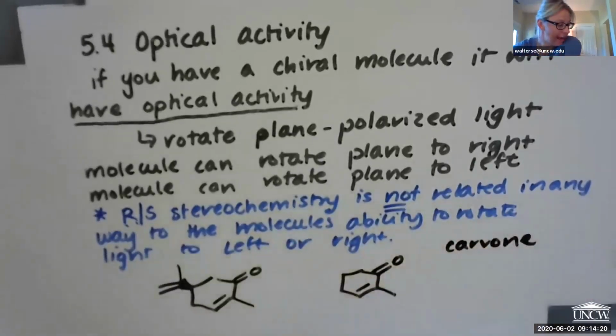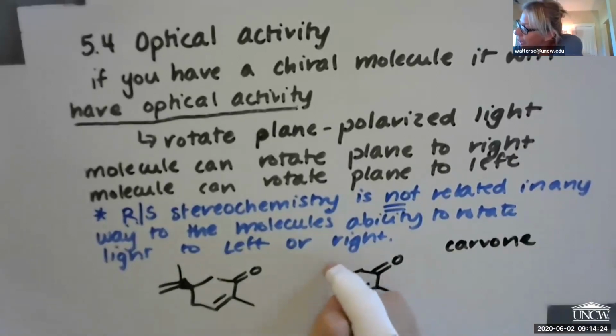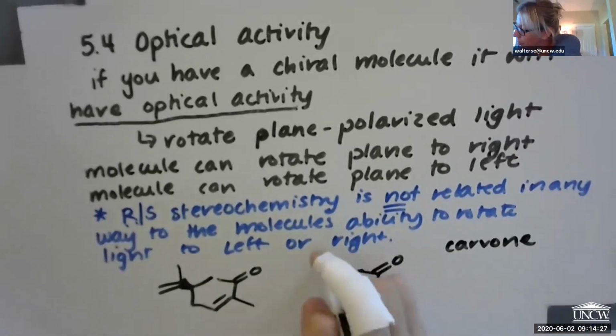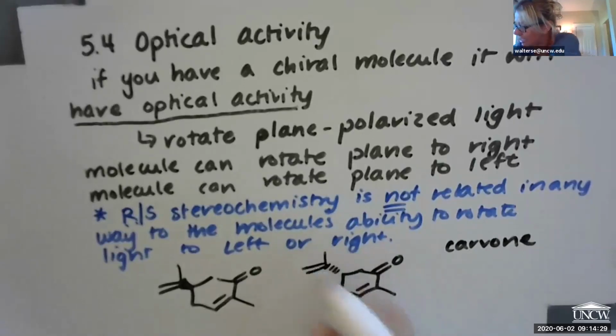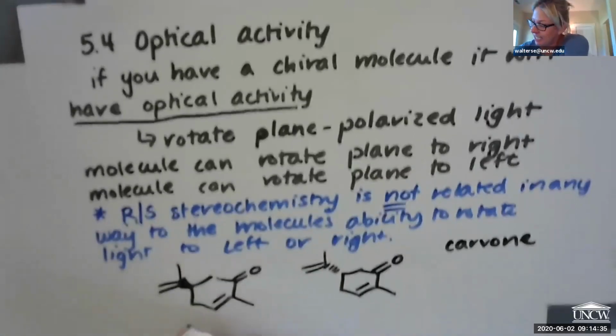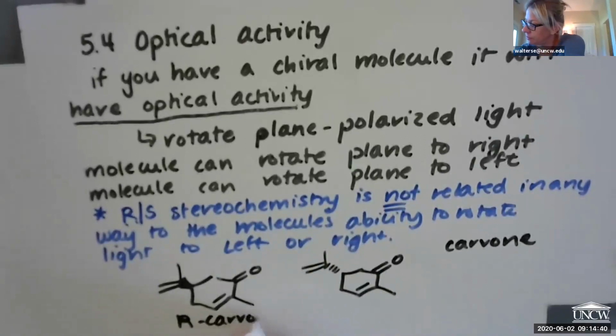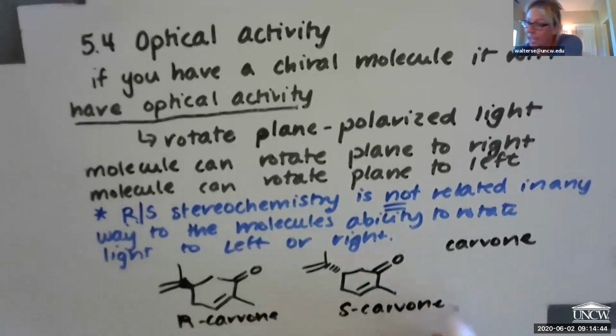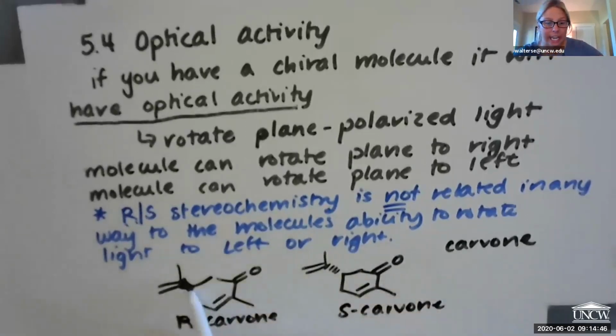And carvone has a smell, but the smell depends on which enantiomer you have. One of them smells like spearmint. I can't remember what the other one smells like. This is called R-carvone. This is S-carvone. And that would be by going in and doing the stereochemical analysis at those two carbons.